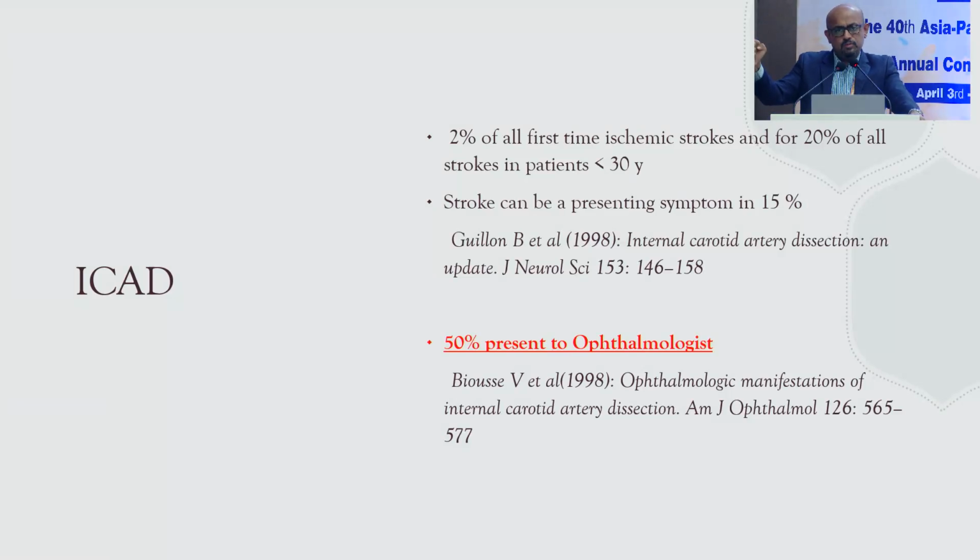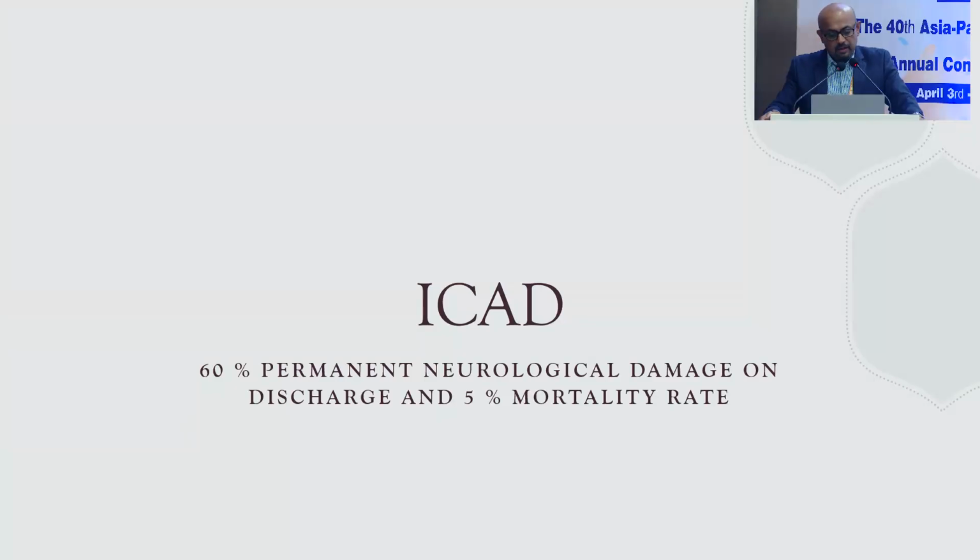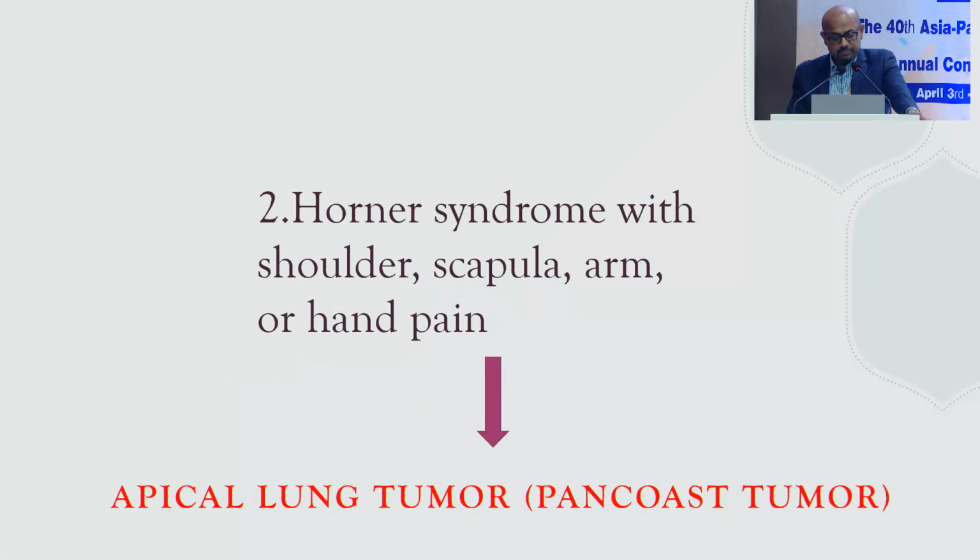Have a very dim source of light, because our irides are brown, have a very dim source of light to look at the size of the pupil to see how it is changing. Because in 50% of these patients, a potentially fatal condition presents to us first. And ICAD can have 60% permanent neuronal damage on discharge and a 5% mortality rate.